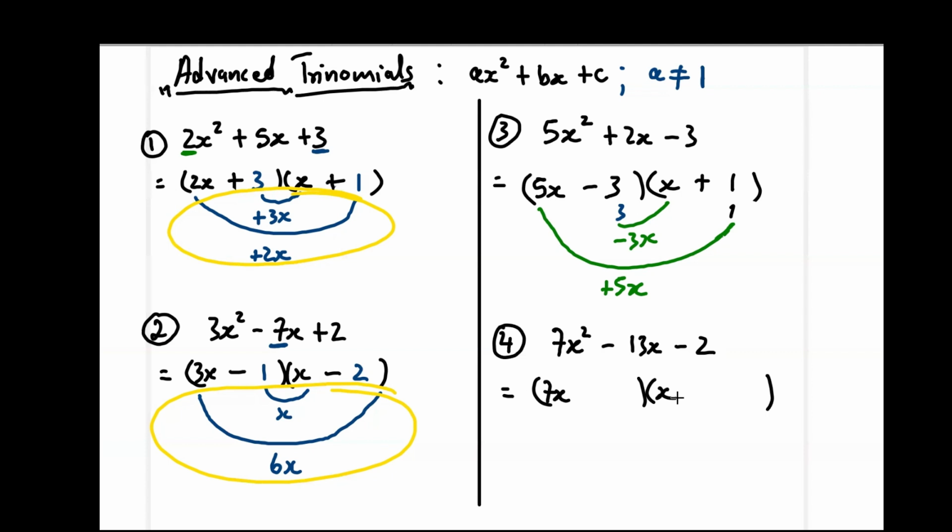So 2 is a prime number. And I can see right away that if I have a minus 2 there, then that's going to be a minus 14. And with a plus 1, that is actually going to give me a positive 1. And so minus 14 plus 1 will actually give me a negative 13. So this one turned out to be quite nice.